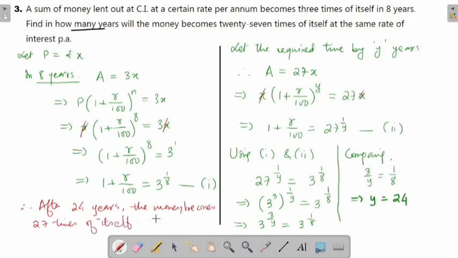That means after 24 years your amount, the principal, that is x, is going to be 27 times of itself. So that's what we need to do here. You may pause the video and note down your solution.